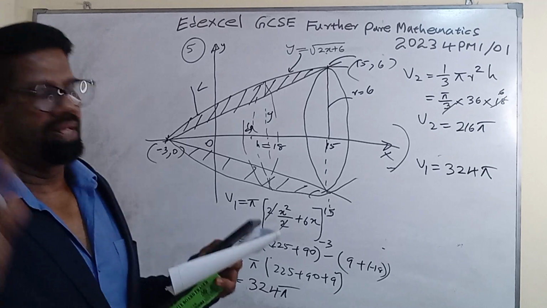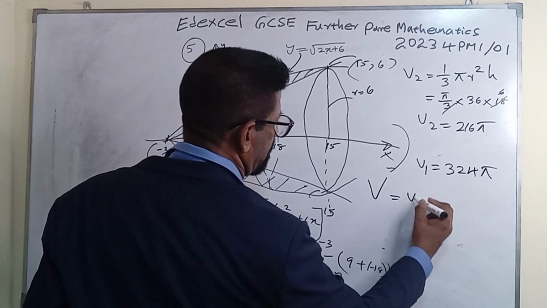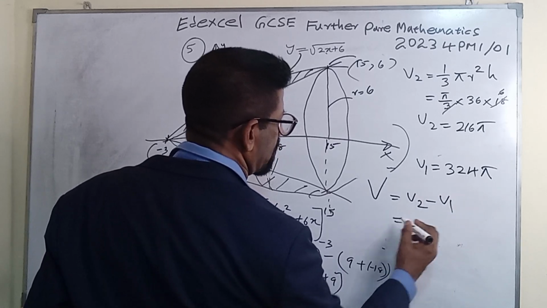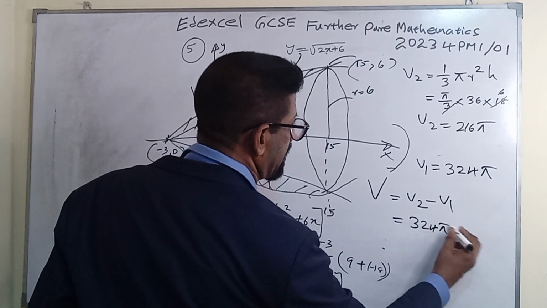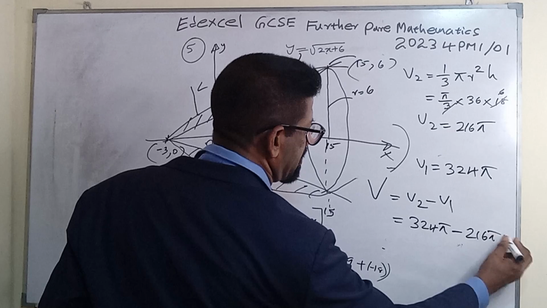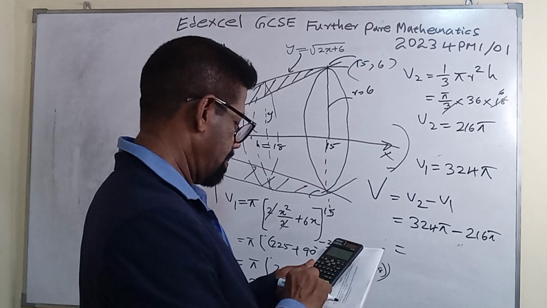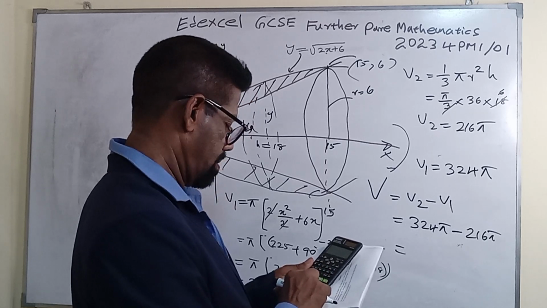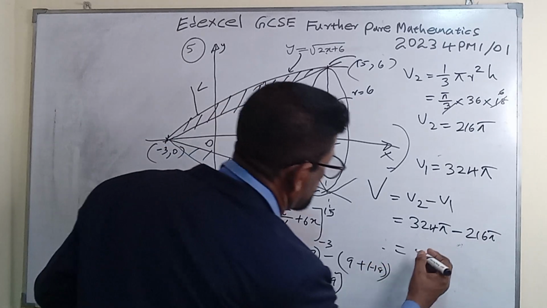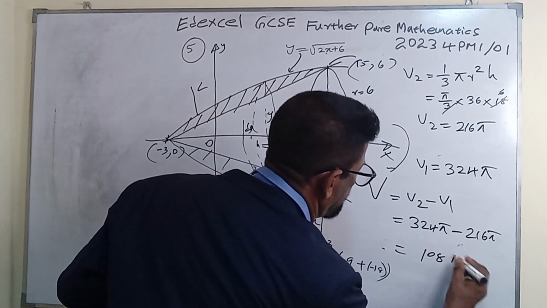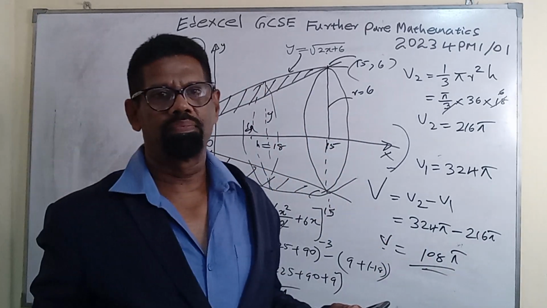We know this finite region means the subtraction, V equals V1 minus V2, so 324 pi minus 216 pi. 324 minus 216 is 108 pi. That's the answer. It's a very good sum. I think you can understand in this proper way.